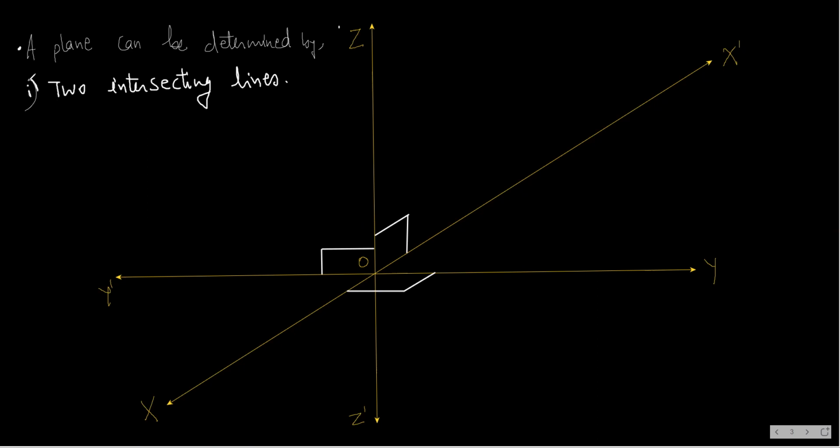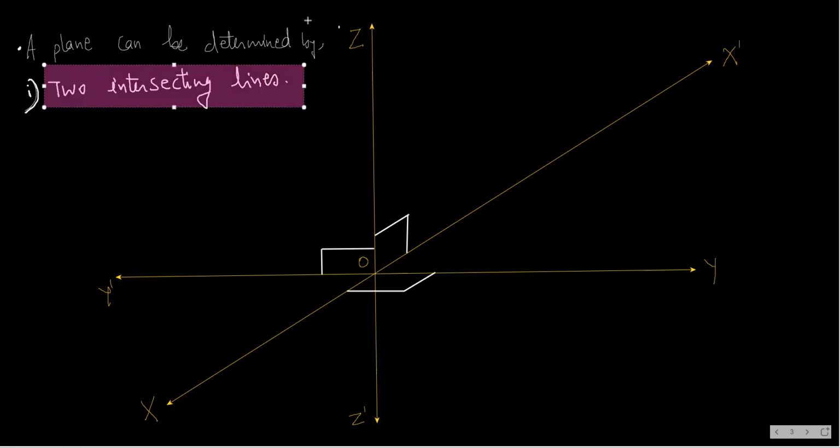What best example can we have than the intersecting coordinate axes? Now you notice x and y axis, they are intersecting. We are talking about two intersecting lines. Students, please be attentive. Just now we had x and y axis intersecting each other.